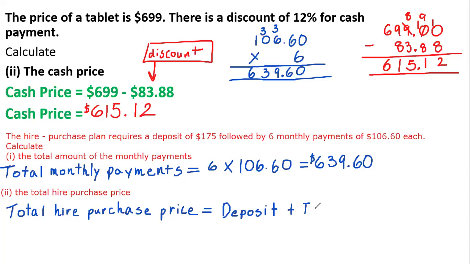Total monthly payments. Very good. Total monthly payments, that will give you $814.60.